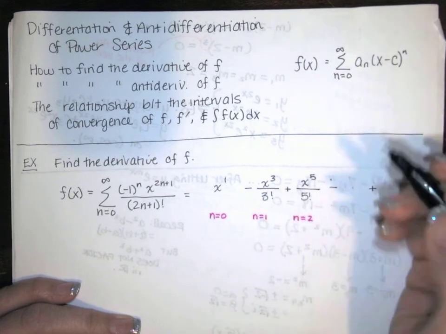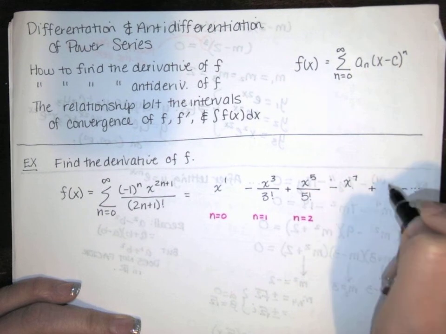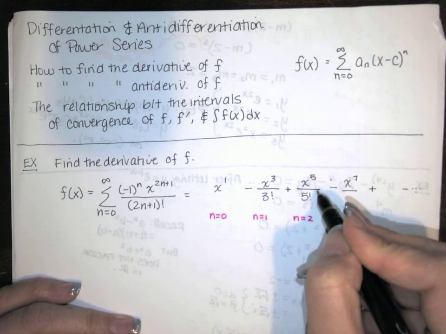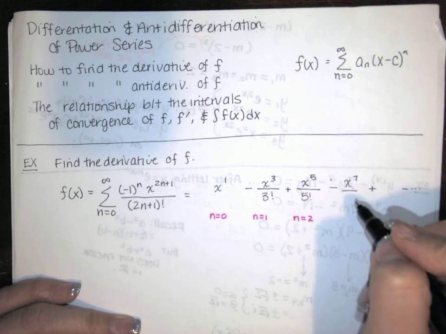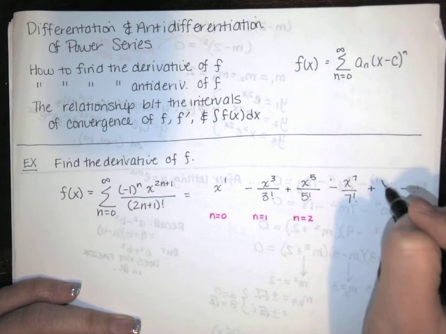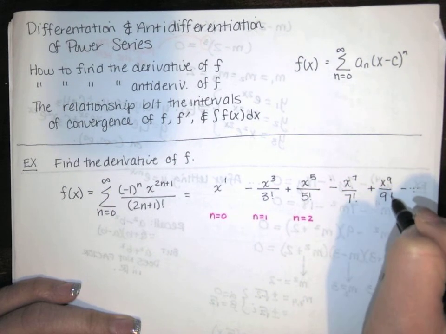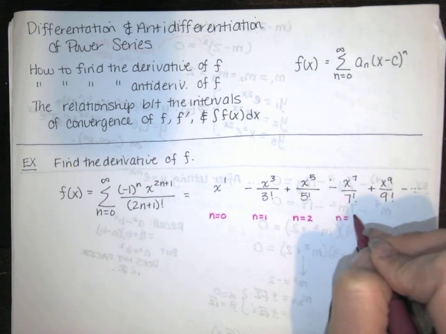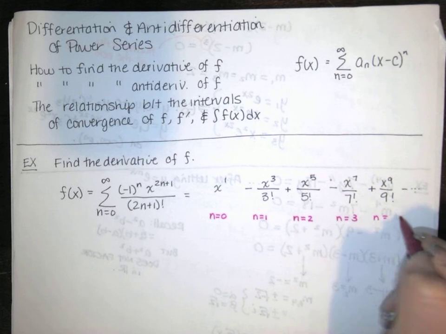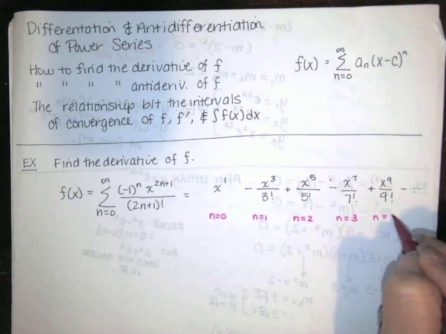Then the one after that's going to be 9, and so on. So we'll have x to the 7th there. In the denominator, we got that same number, that exponent factorial, so we've got 7 factorial there, and x to the 9th over 9 factorial there. So this is our expanded form of this power series.